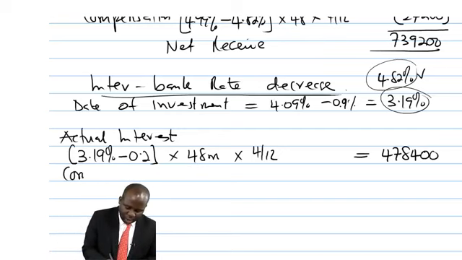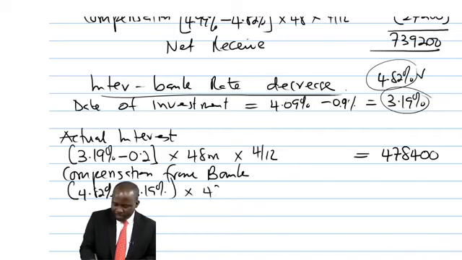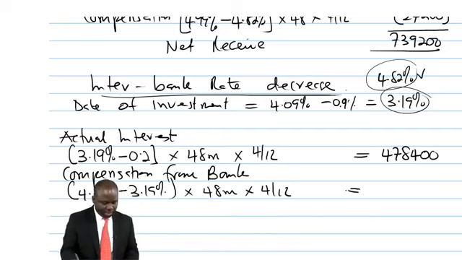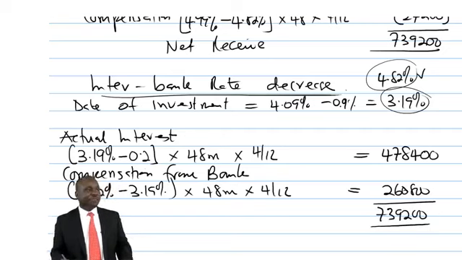So I will say compensation from the bank, and that is simply 4.82% minus 3.19%, all multiplied by 48 million, multiplied by the period of borrowing, and that is 260,800.